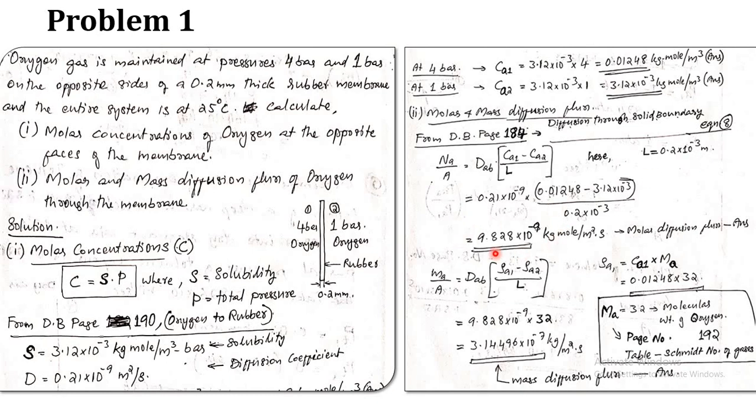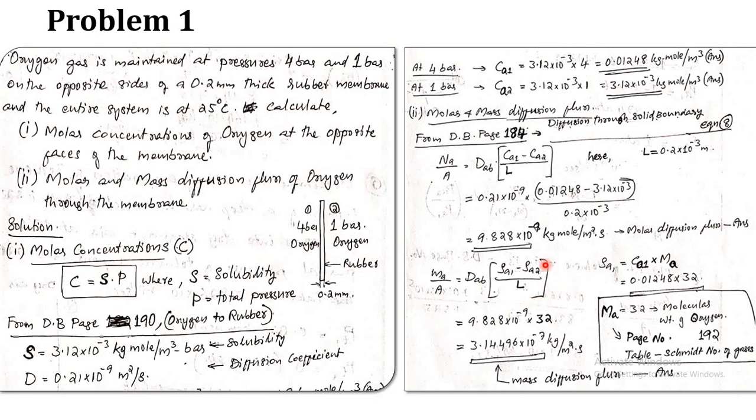So you will get NA by A, the molar diffusion flux. Simple, substitute all the values, we have all these values.